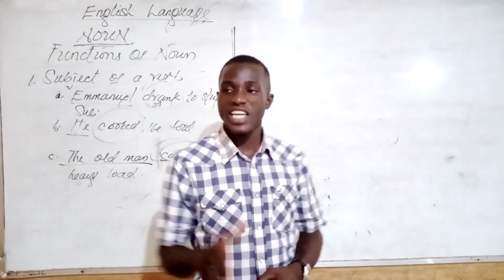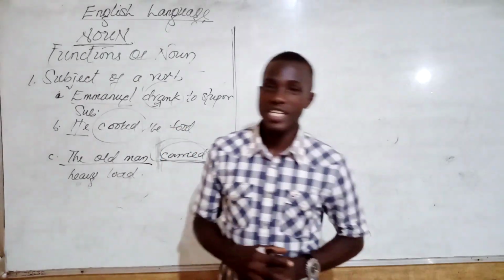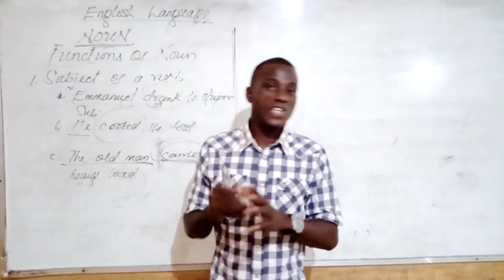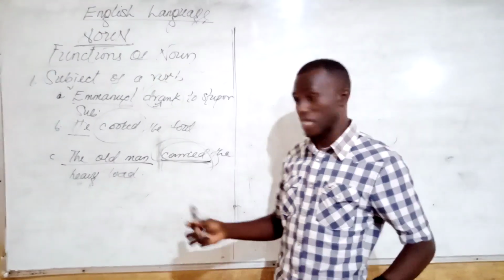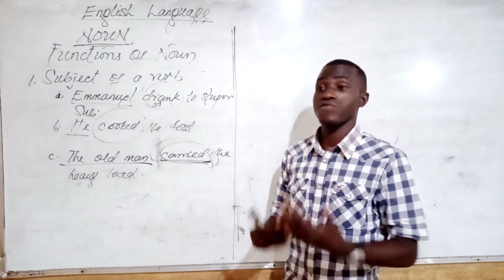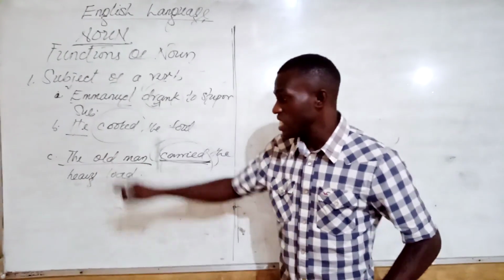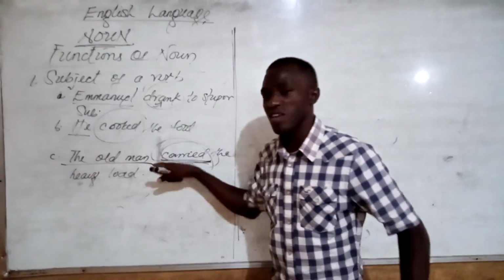Here, it is not just a single noun because it is a group of words. Remember, in our first video, we talked about the structure of the English language, where words come together to form phrases because of the absence of a finite verb. You see in these three words, there is no finite verb there. So it's going to be called a phrase.